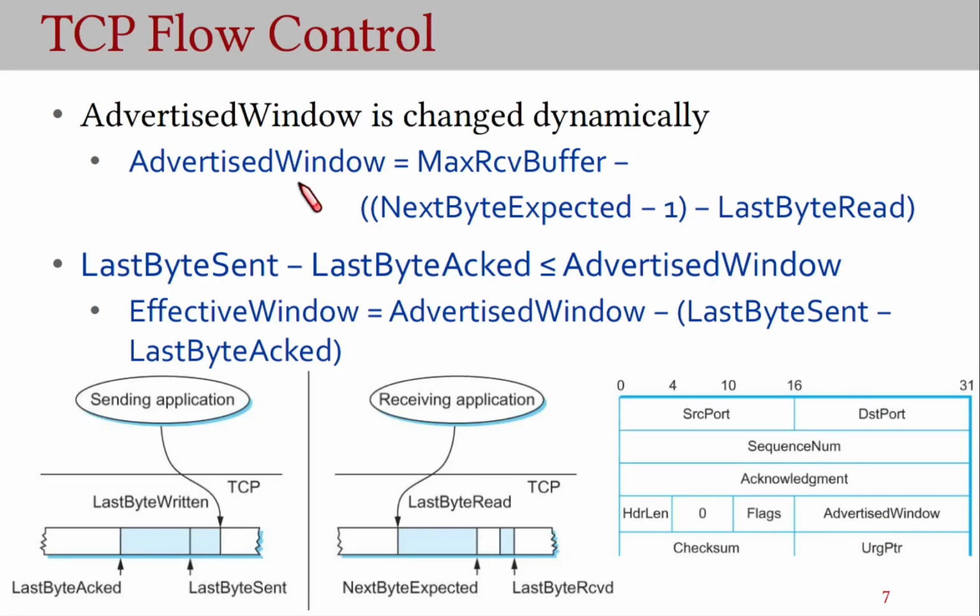So this advertised window size is equal to the max receive buffer minus the difference between next byte expected minus 1 and last byte read, right? As I explained before, suppose max receive buffer plus last byte read comes to that point, then the advertised window is this much.